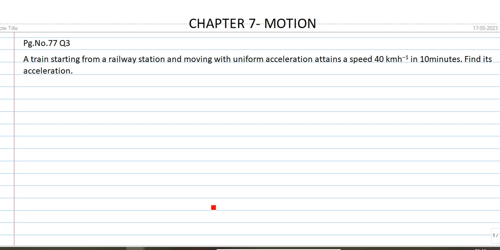The train is starting from a railway station, so this means that the initial velocity of the train is u equals 0. The final velocity it is attaining is v equals 40 kilometers per hour, and the time is given to be 10 minutes.